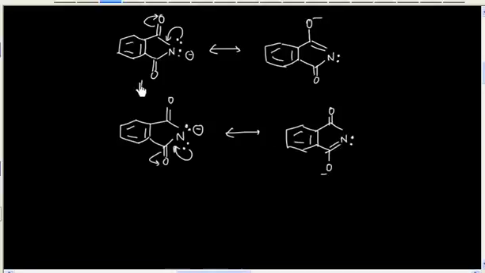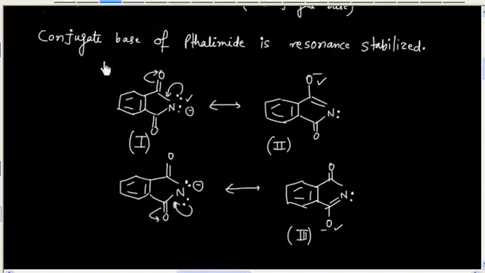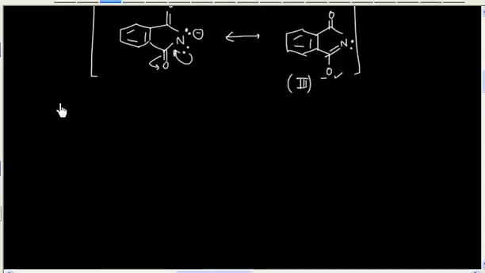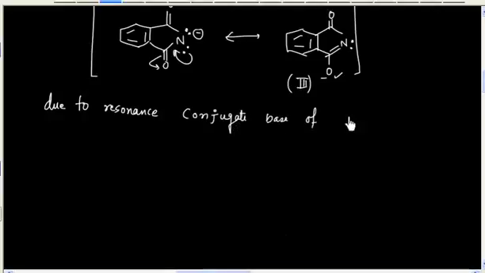So basically the conjugate base of phthalimide has three resonating structures and the negative charge is just spread over nitrogen, oxygen and another oxygen. So these are resonating structures. So due to resonance, the conjugate base of phthalimide is stabilized.